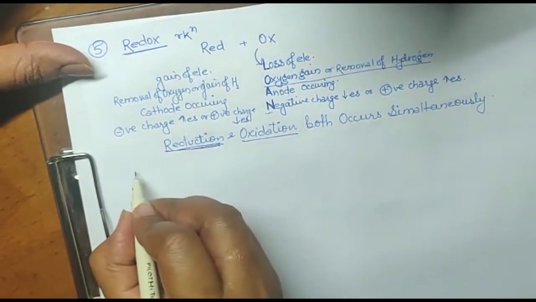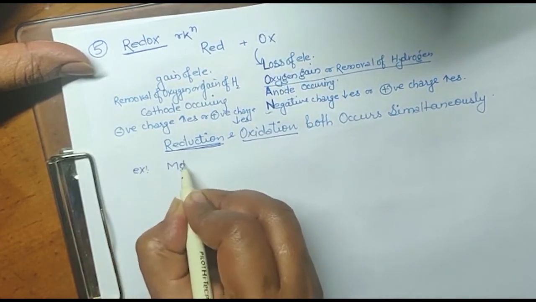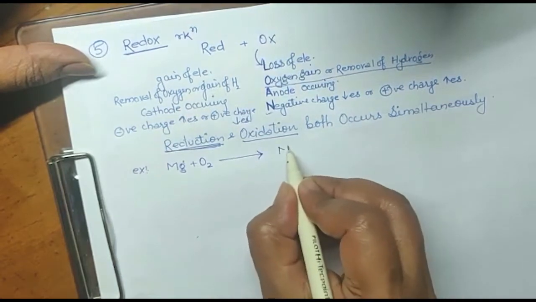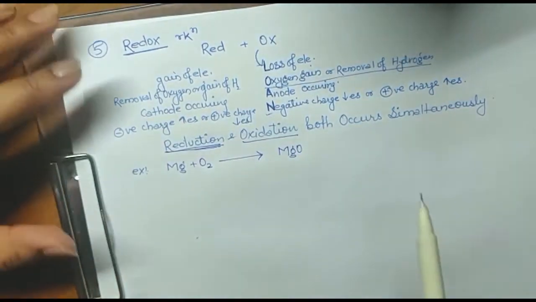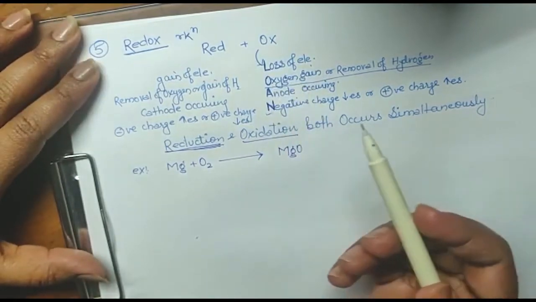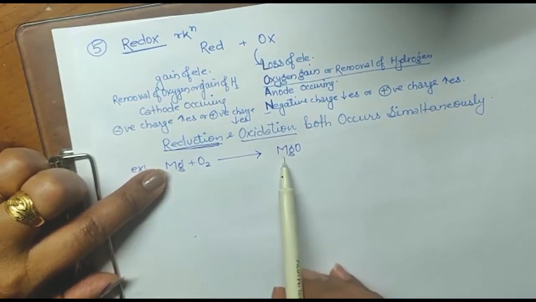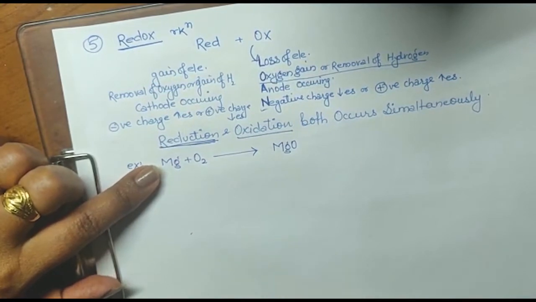Redox reaction: reduction and oxidation both occur simultaneously. Let's do an example. If I am taking this example, Mg plus O2 changes into MgO. Here we check the oxygen gain form. Yes, Mg is alone here and Mg is here with oxygen. So you can say that gain of oxygen is there, so it is known as oxidation.